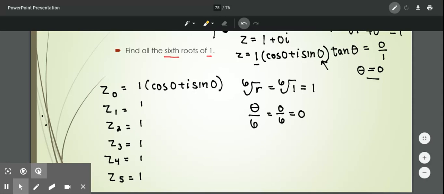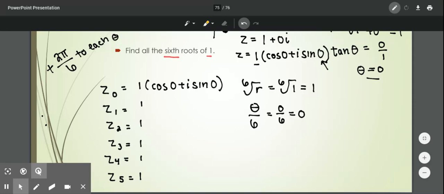And then remember, we need to equally space these out. So then this is thinking to yourself, okay, well, my whole circle is 2 pi. So what are you going to add? So you're going to add 2 pi divided by however many roots you want to find. So 2 pi divided by 6 to each theta.